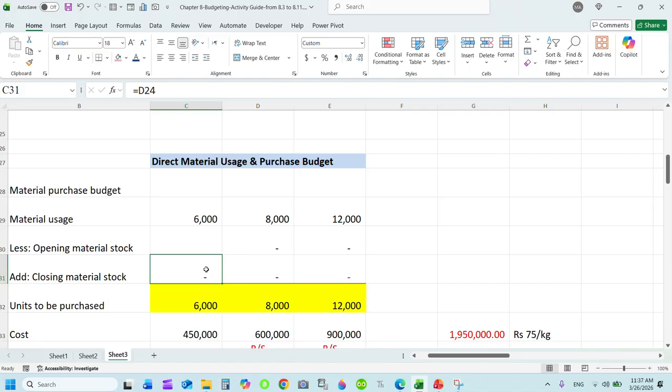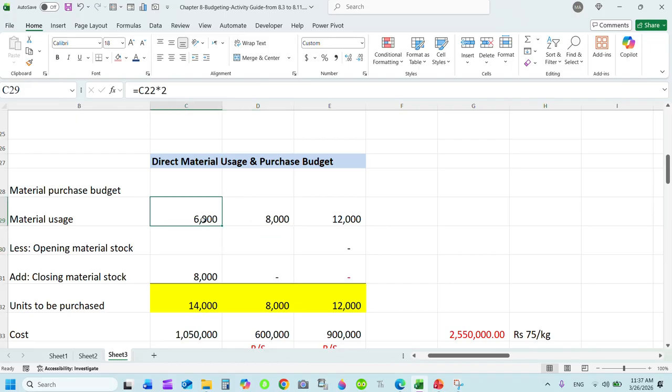Your closing stock requirement should be equal to next month production requirement. So it should be 8,000.